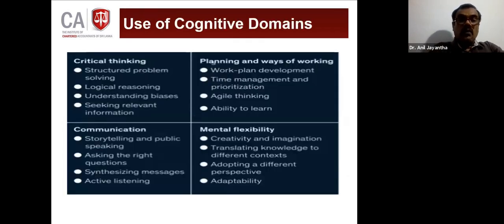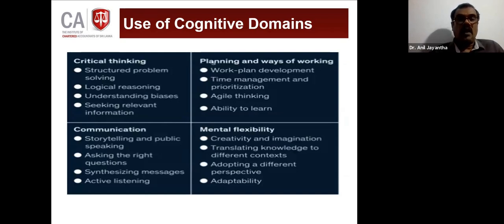The use of cognitive domains, why are they so important? We know that learning involves, especially for a professional gaining a professional qualification, and it's applicable for any learning, any education matters, we gain knowledge, skills, attitudes.